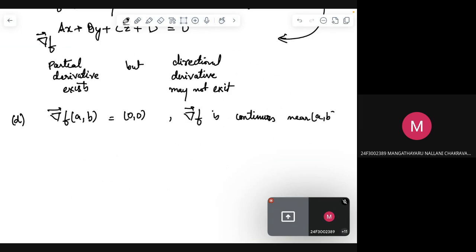Okay. So if the gradient at the point exists and if it is continuous near that point, then it means that f is differentiable there. Okay, f is differentiable there.